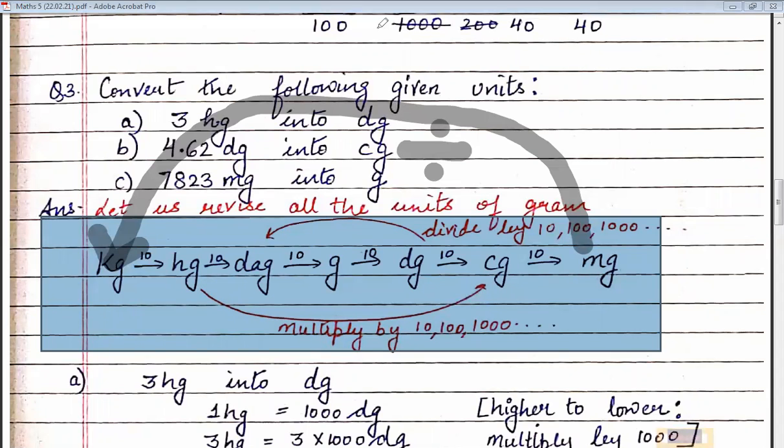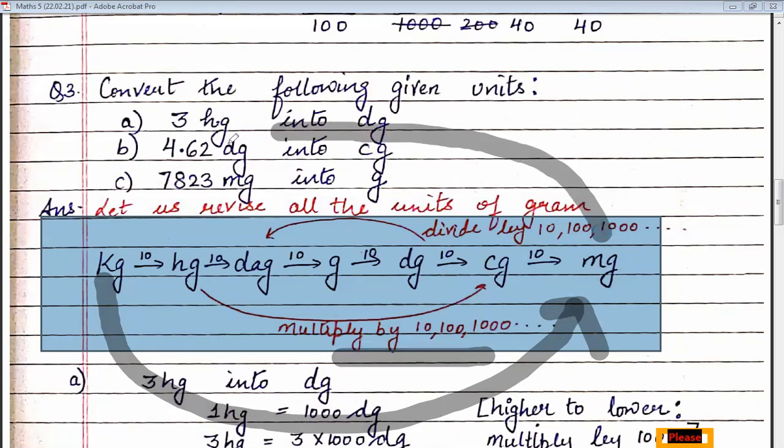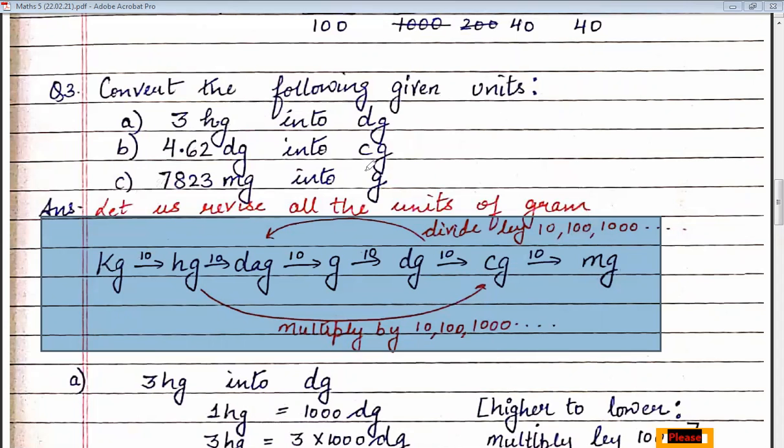Is it clear? Let me repeat one more time. If you are converting a higher unit into lower, you will multiply, and while converting lower into higher, you will divide. Is it clear, children?